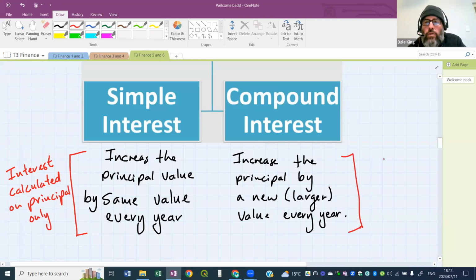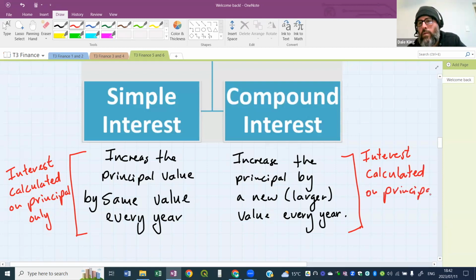Whereas compound interest is interest calculated on the principal plus interest.